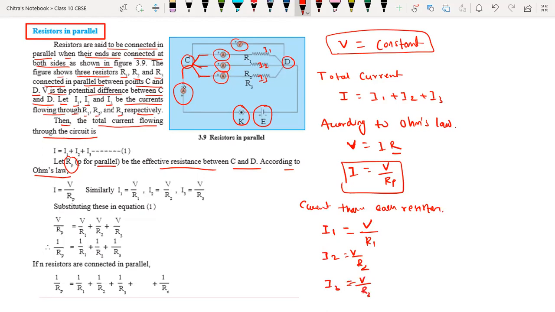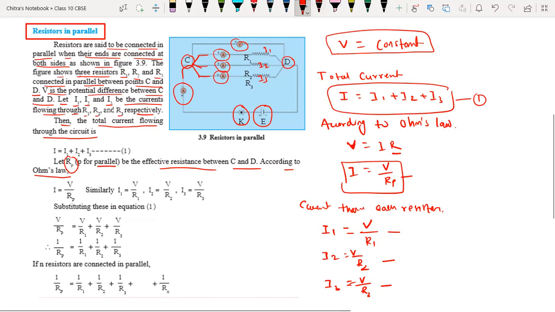Okay, so here we have I1, I2 and I3. Now we have to place all these values in that particular equation. Okay, so this is the first equation. So we are placing the values of I1, I2 and I3 in the first equation. What will we get?